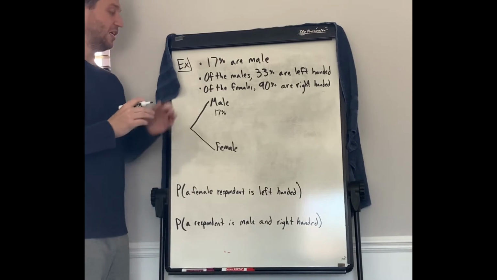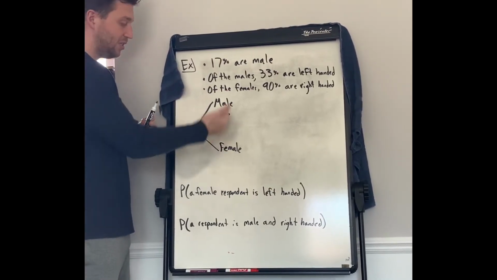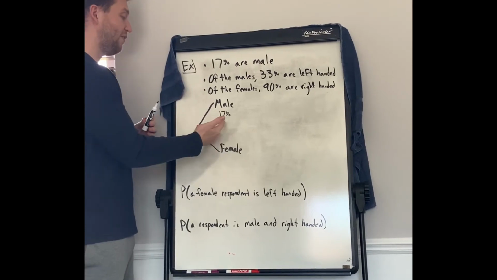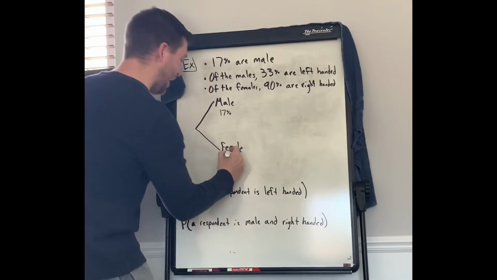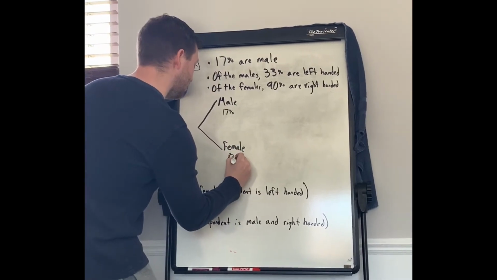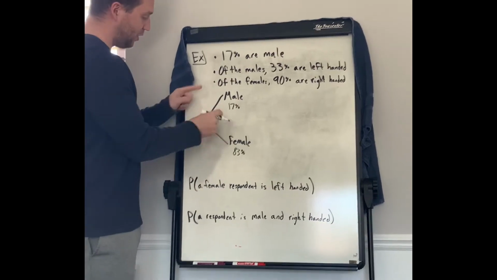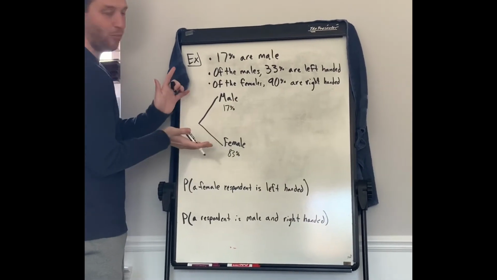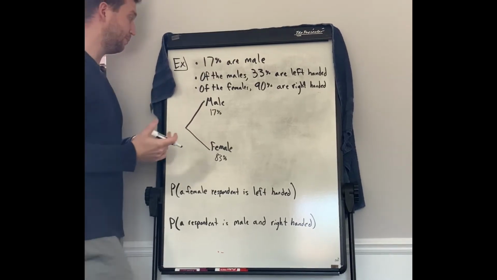It doesn't tell us what percent are females, but we know that these need to add up to 100%. So if 17% are males, I would just subtract that from 100. That means that 83% are females. When we do this, every little pair of branches needs to add up to 100%.